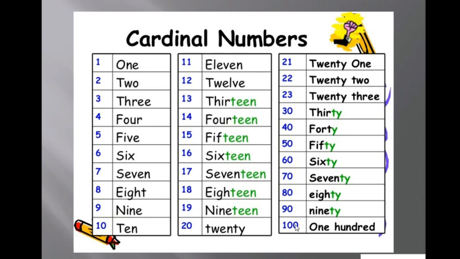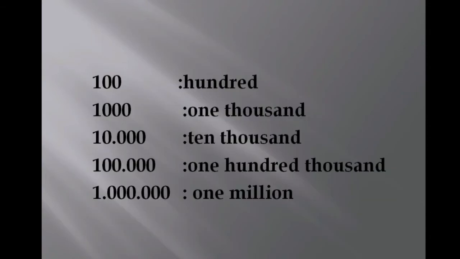If we have two hundreds يعني 200 نقول 200 or 300 or 400 etc. For example here as you see 100 مئة ألف it's 1000 or 2000, and here we have 10,000.